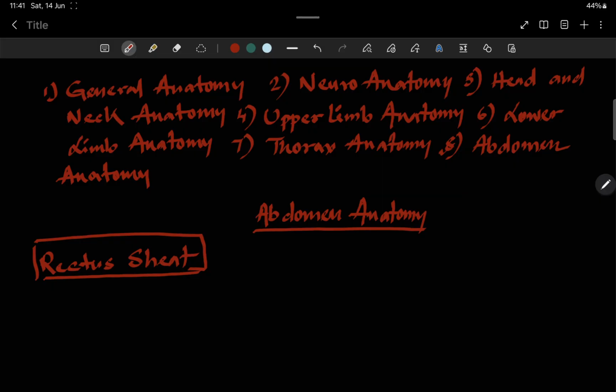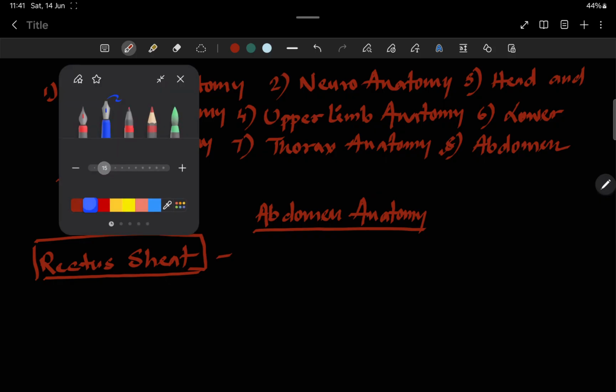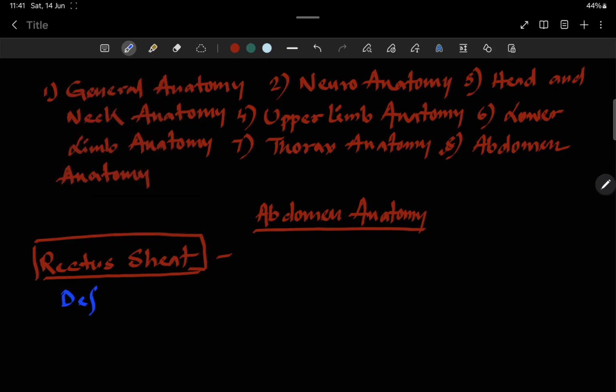Okay, so in rectus sheath we'll study first about the definition. Definition of rectus sheath.